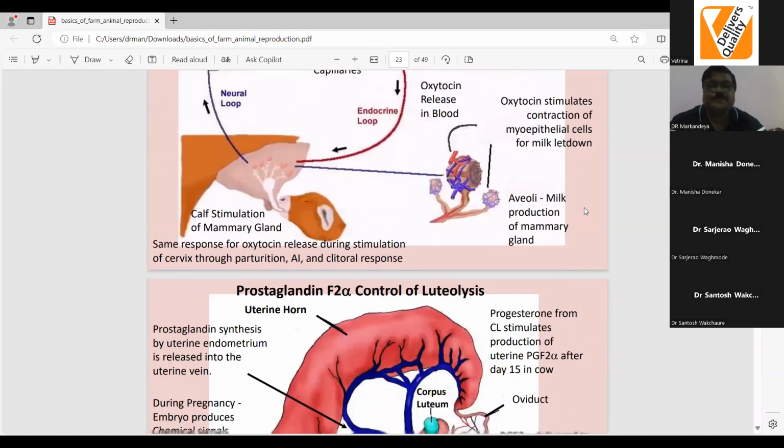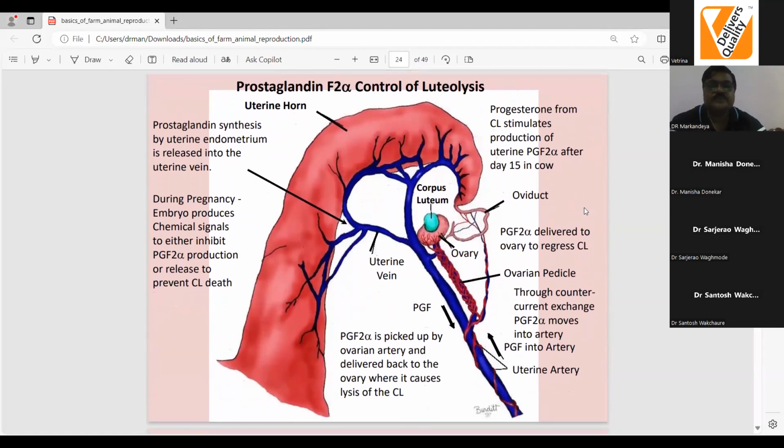Next one. Here is the role of prostaglandins. See, the ovary and its corpus luteum is related with the maintenance of pregnancy. I mean, the CL is related with the maintenance of pregnancy. Once there is no pregnancy, when there is no conceptus inside the uterus, the endometrium remains healthy, and this healthy endometrium releases prostaglandins.